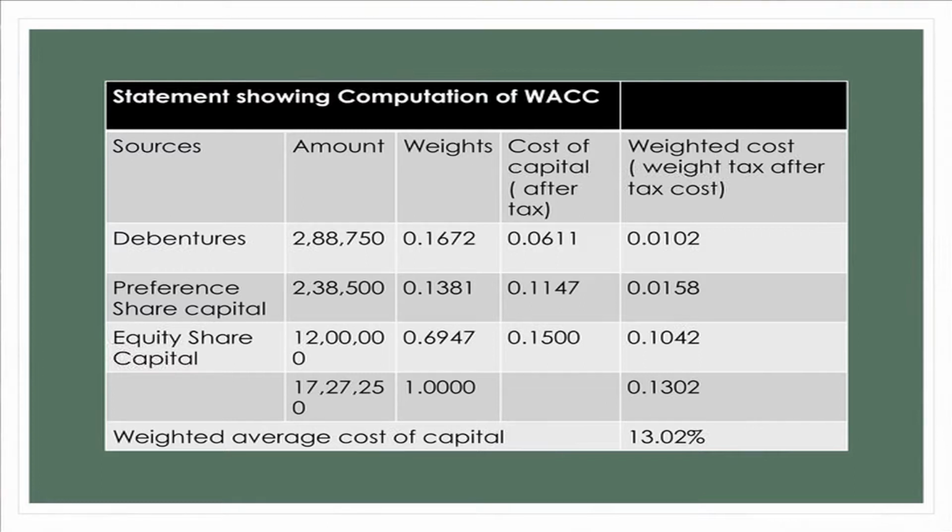Adding them all, we have got the weighted average cost of capital as 0.1302. Multiplying the same with 100, we have got our weighted average cost of capital as 13.02.